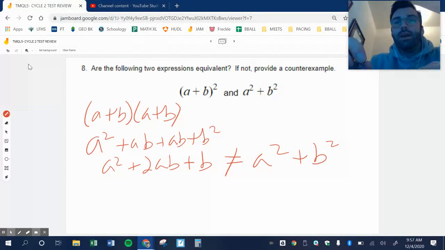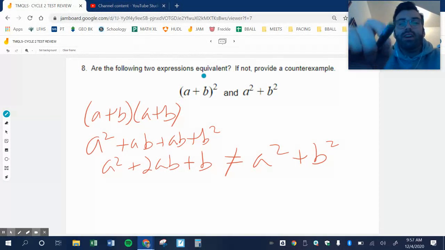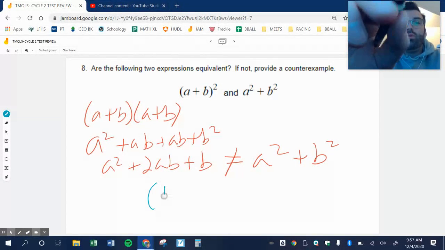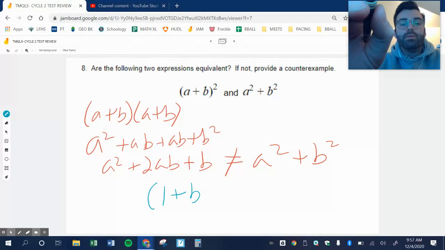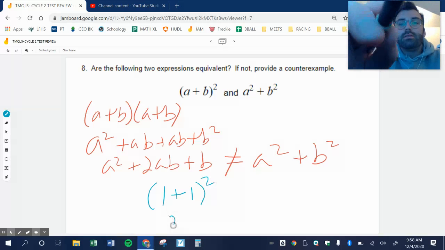A counterexample, people, I would say put in 1. Put in, not 1. 1's not a good example. Actually, 1 is a fine example. If I do 1 plus 1, that's squared, that's 2 squared, which is 4.